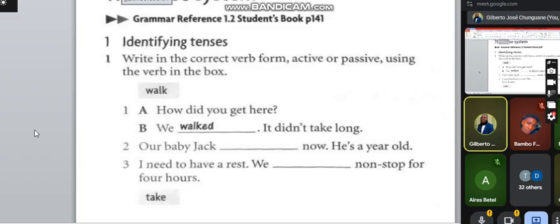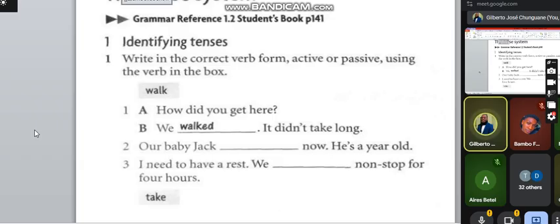Number 1, you have: write the correct verb form, active or passive, using the verb in the box. So you have, for instance, here the verb walk, and this is the same verb that you're supposed to use in different scenarios that are presented here.